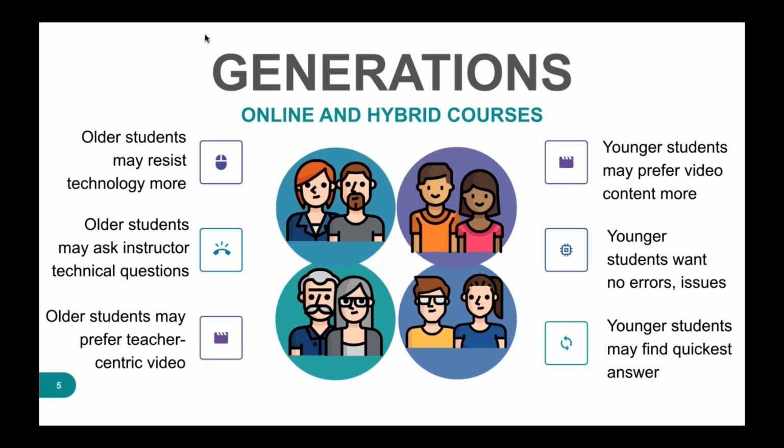Another thing with younger students, which we mentioned quickly, is they don't want errors or issues. So you have to be very diligent in making sure your online content works very well. You want to make sure instructors have some time to review their course. You could do weekly reviews, but maybe semester or session reviews where you check the links and the content and make sure everything works.